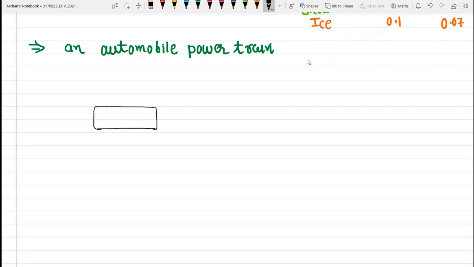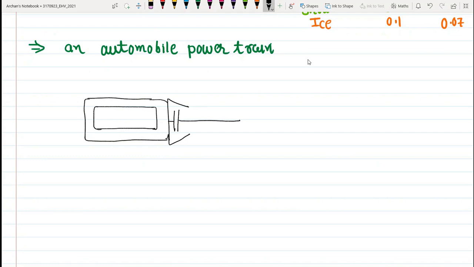Right. Then I have the transmission. Okay, so here this is called say clutch or torque converter. Okay, so we have this clutch over there, and then there is a box which is called as transmission.